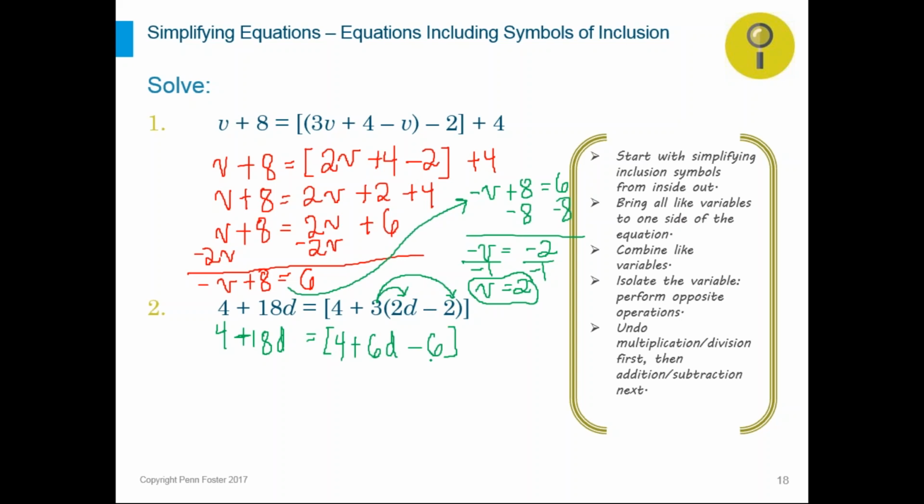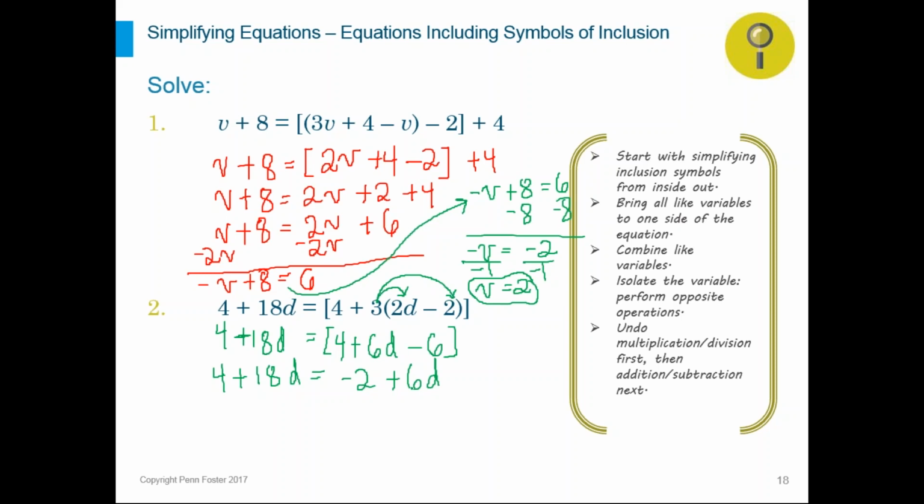Now I need to deal with the brackets. I'm going to rewrite the equation from the left the same to the right. Now I have 4 plus 6d minus 6. I noticed that there are like terms. 4 and minus 6 are just numbers, so combine them. 4 minus 6 is negative 2, and 6d will just stay.